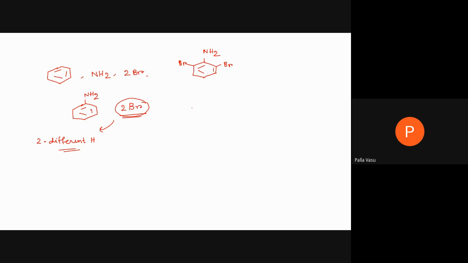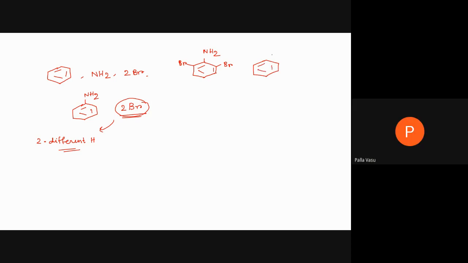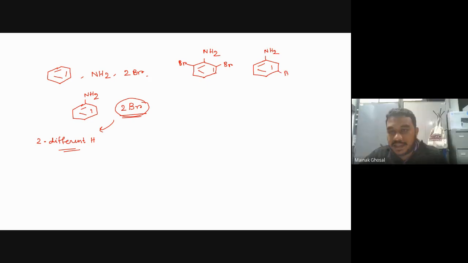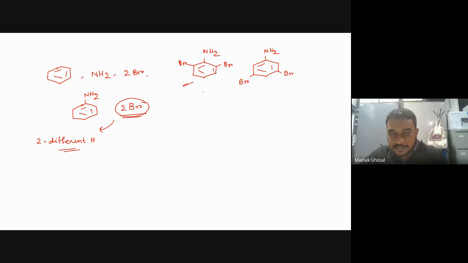Sir, meta. Good. Both meta? Yes, sir. Okay. Anything else? The two bromines should come at the ortho position to the amino group. This one you are saying, right? Yes. Okay. Any other answer? See, you just need two different hydrogens.